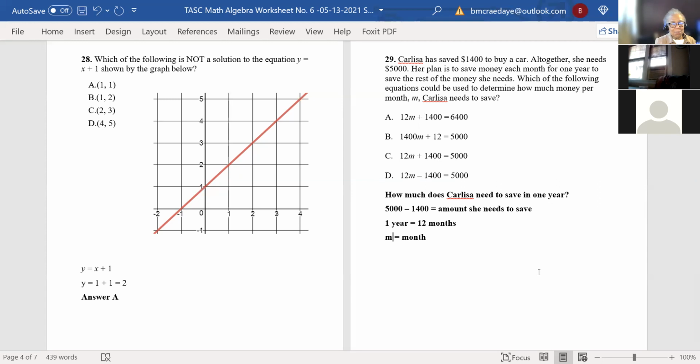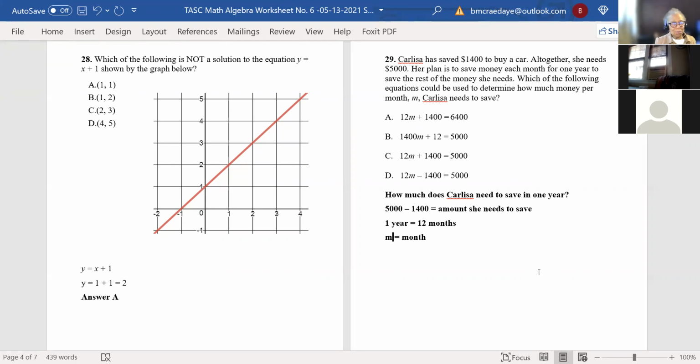Vanessa, which one has 5,000 minus 1400 divided by 12? The only one that has that is D. 5,000 minus 1400, and then the result divided by 12.